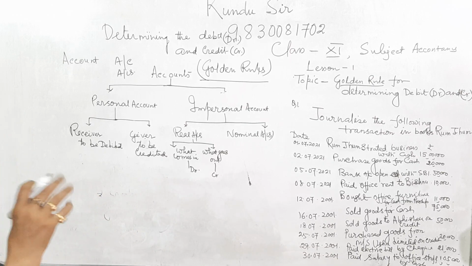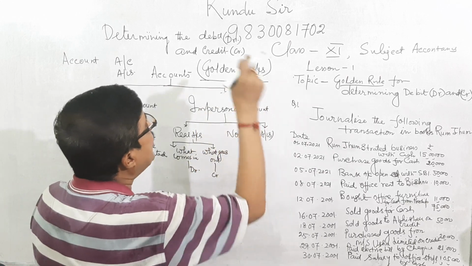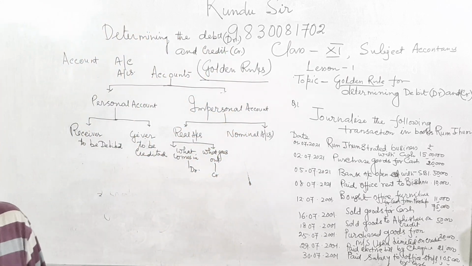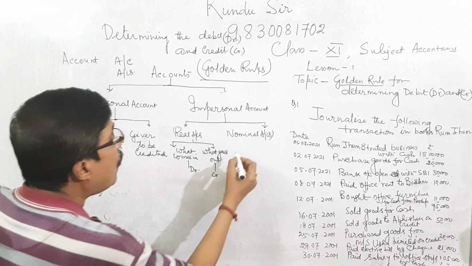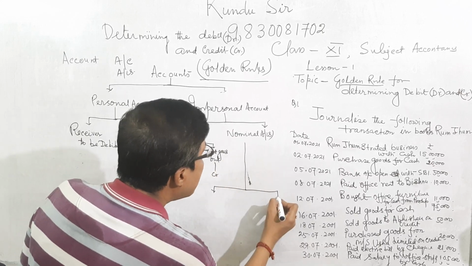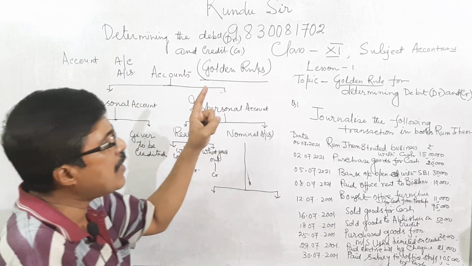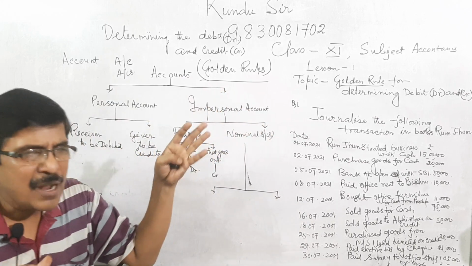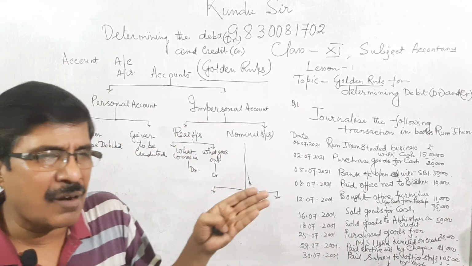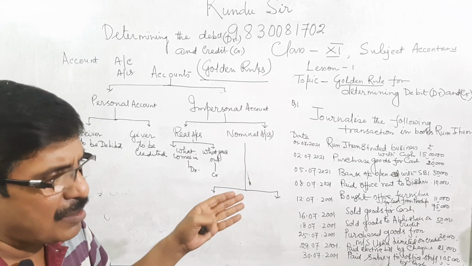First of all, I will mention here the thumb rule or golden rule for determining debit and credit. What is the rule for nominal account for determining debit and credit? It will start from the recording of the journal, because all transactions are recorded in the journal.